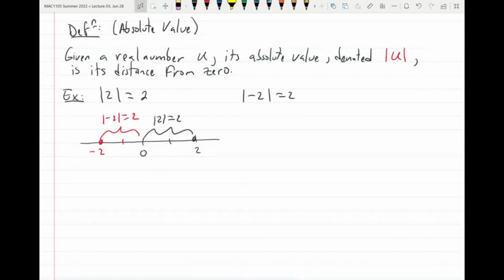Good. So now what we are interested in is solving equations that contain absolute values. Okay? So we call those absolute value equations.